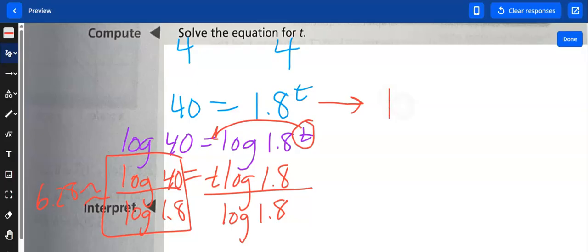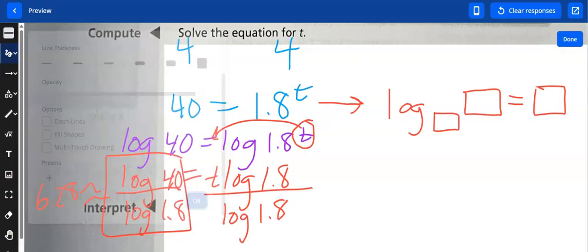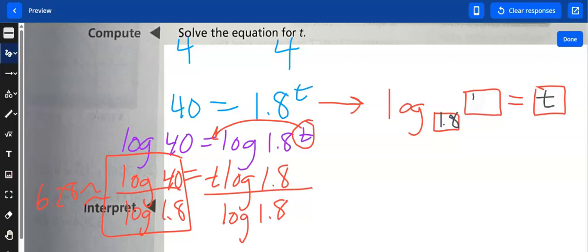Now remember, that is one of 2 different ways I showed you. The other way was simply to change it to its log form. I saw somebody do that, which was a good method too, right? I like that one too, because you're using skills that we talked about before. The base is 1.8. The exponent is t. The argument, which is the only box left, is 40. And of course, you can't solve that as base 1.8, so you have to use the change of base. There's going to be a problem on your quiz and eventually on your test that says use the change of base.